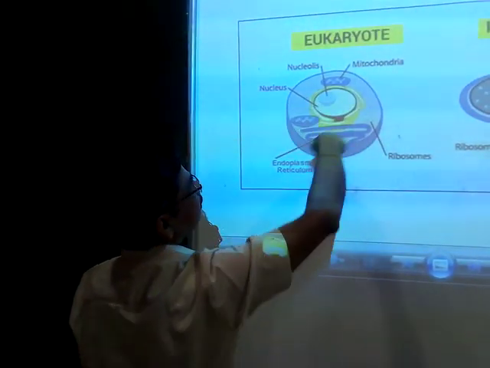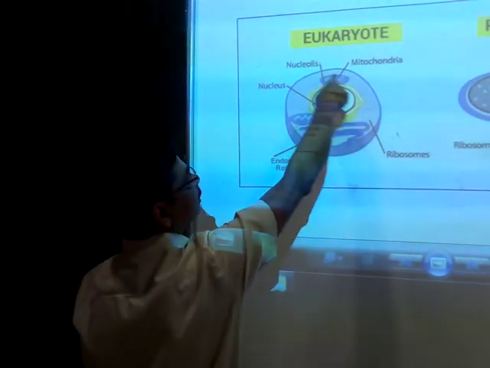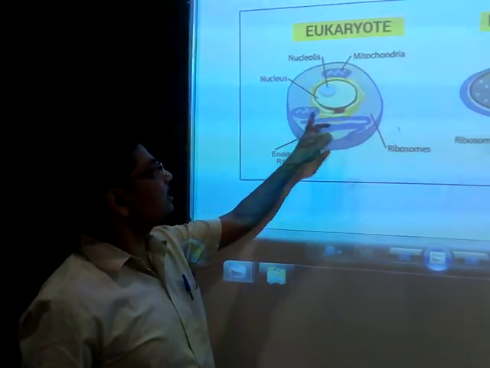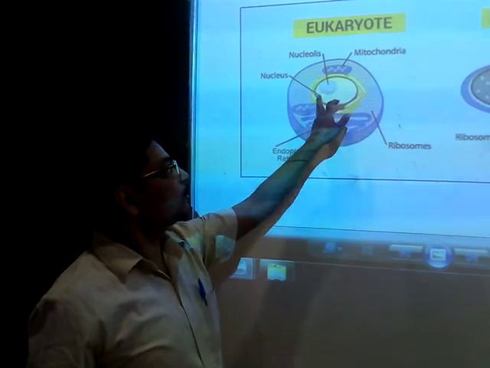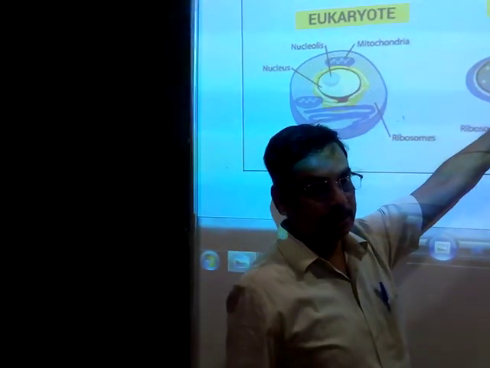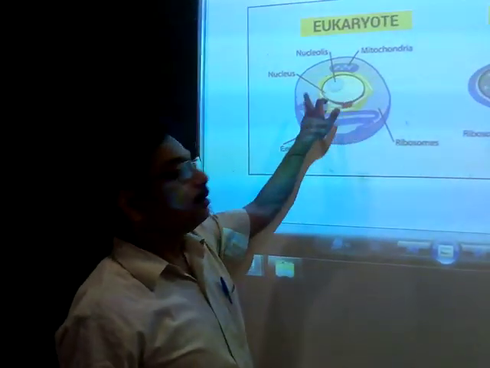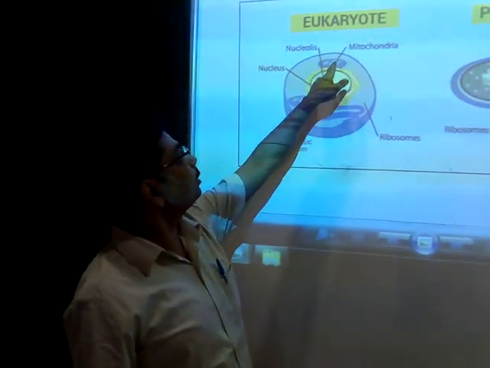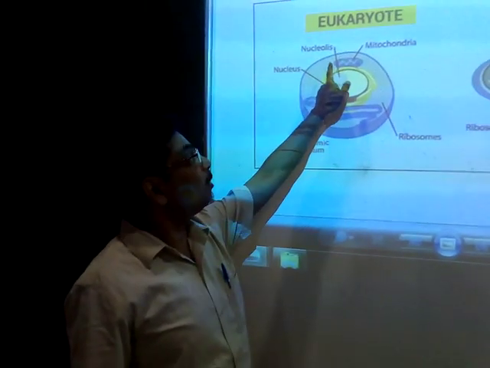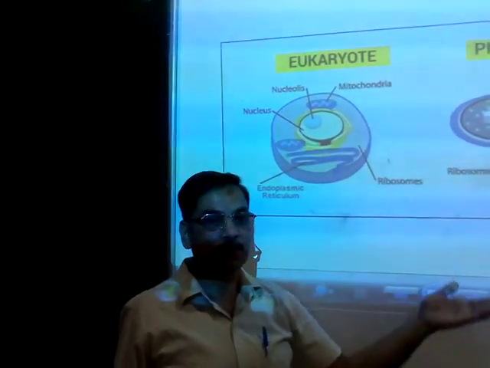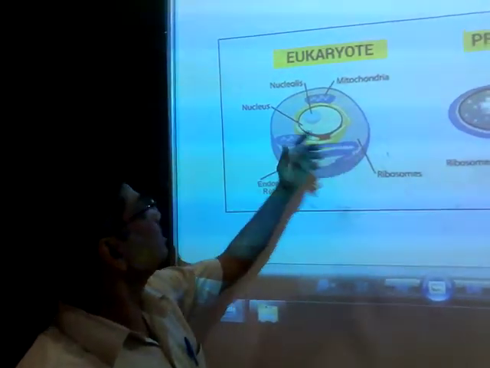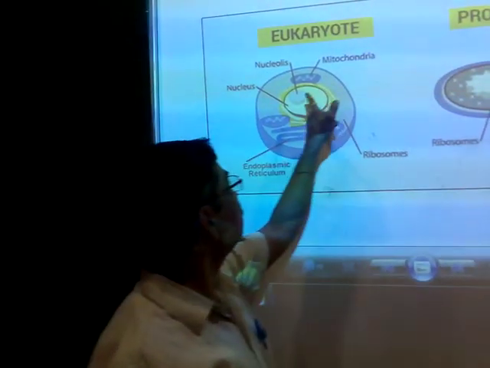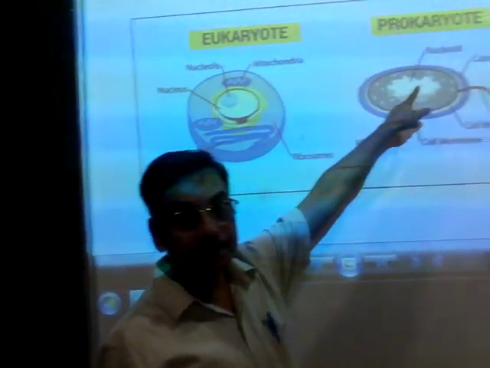Inside the cell membrane is the cytoplasm, and inside the cytoplasm different organelles are present, which you do not find in prokaryotic cells, maybe the endoplasmic reticulum, maybe the mitochondria. We will see the details when we discuss the functions of the organelles. This is the nucleus, which is not present in prokaryotic cells, where a nucleoid is present instead.